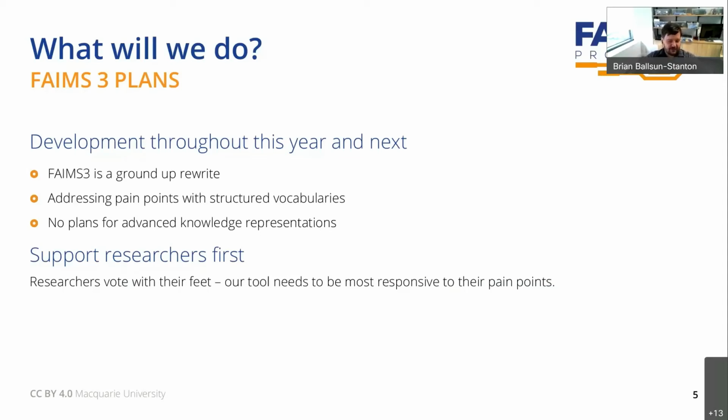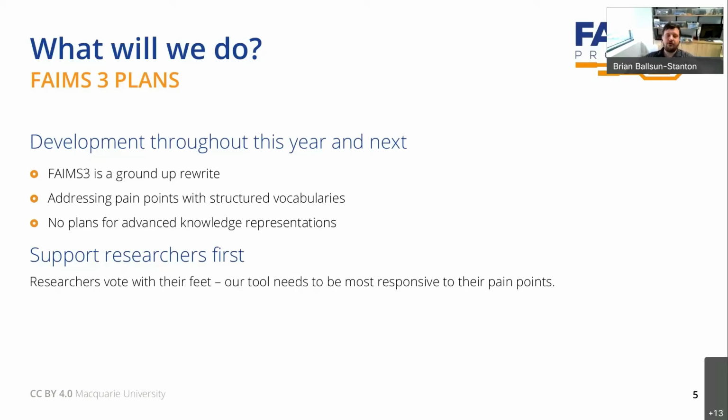How, we thought to ourselves, can we encourage structured vocabulary adoption while specifically addressing pain points that will lead to uptake, rather than theoretical compatibility, rather than ideological compatibility? What specific issues have researchers dealt with? And it turns out that copying and pasting some of the terms from a vocabulary is kind of tedious. And the ability to import a list of terms and then prune them in a UI is quite valuable. So we plan to do that.